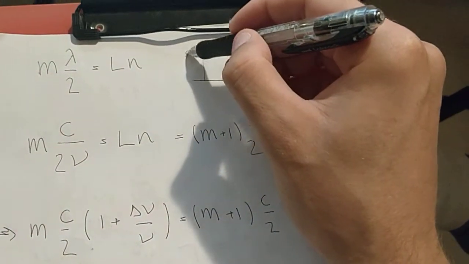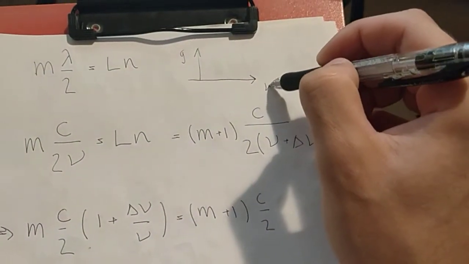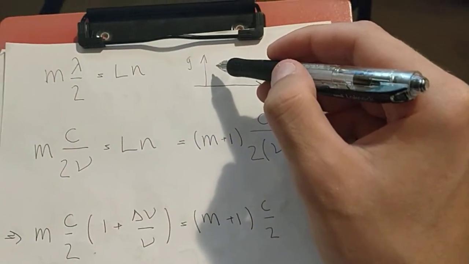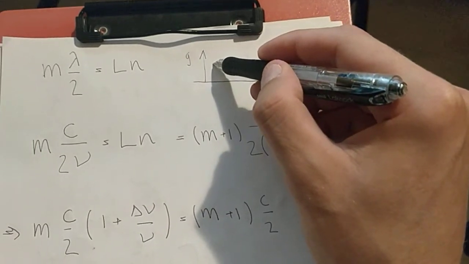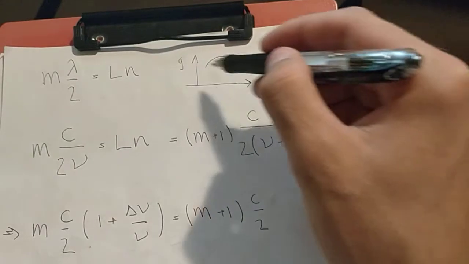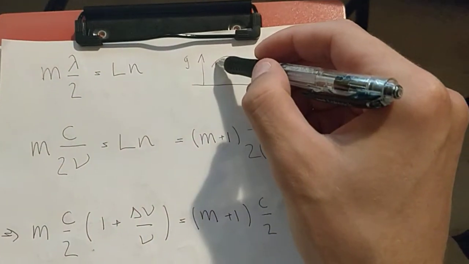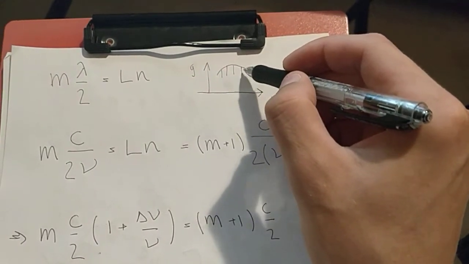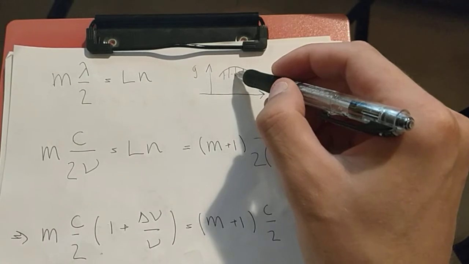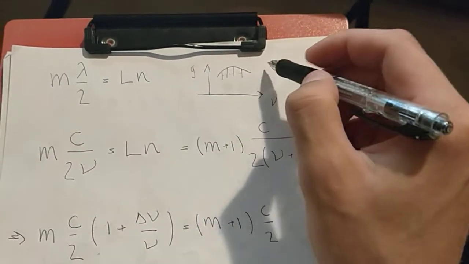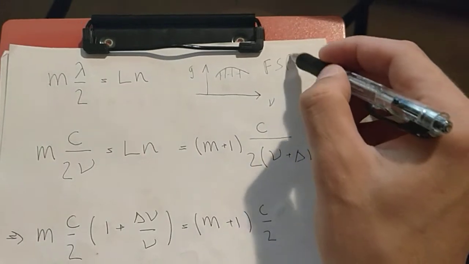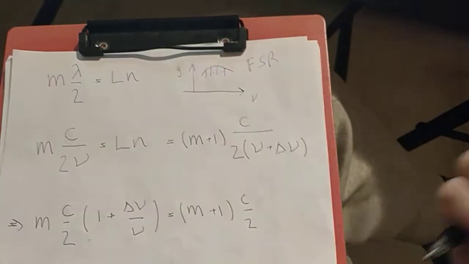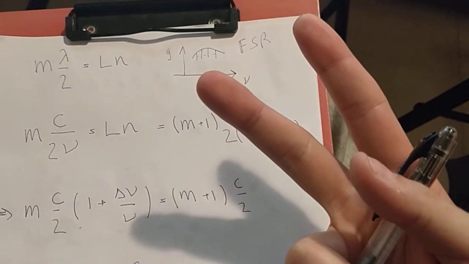So if this is your gain axis and this is your frequency axis, you should get a curve whose envelope is whatever, and the frequencies exist as discrete lines with spacing between them, and the spacing is called the free spectral range, the FSR. So here's my derivation for two cases: one when there's dispersion, two when there's no dispersion.